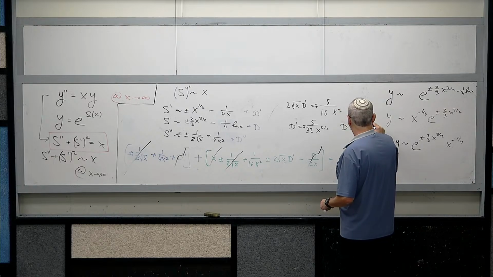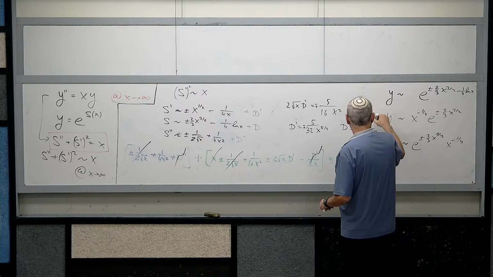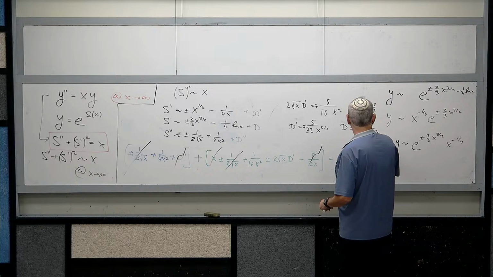And I want 5 over 32, times 2 divided by 3, minus 2 over 3. 5 over 32 should be something times 3 halves, right? Which implies that I have, so this is 16, so I have 5 over 48.